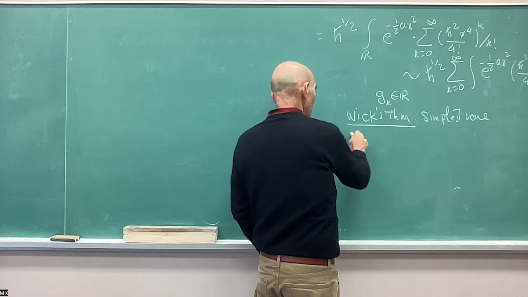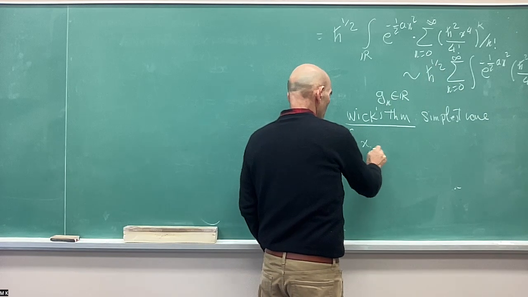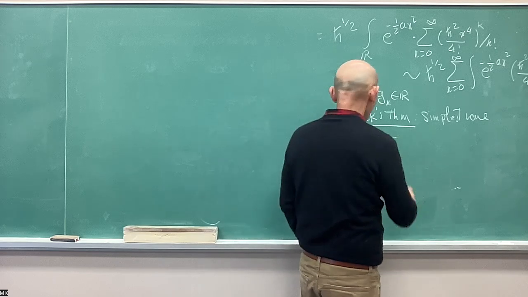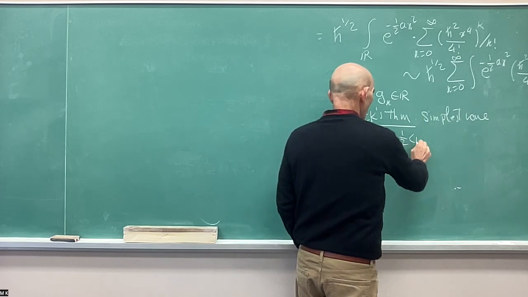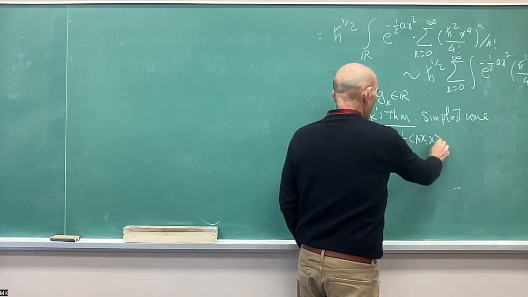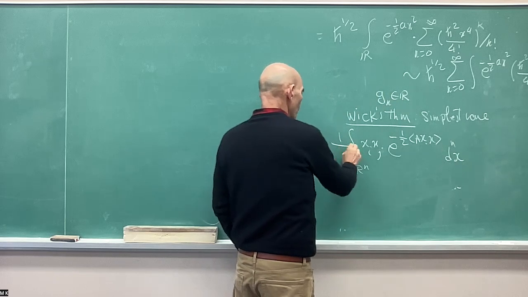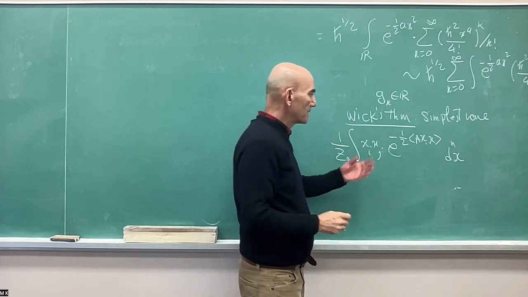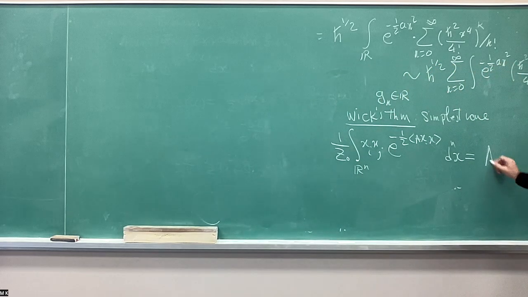It is the following: if you want to compute the integral over R^n of x_i x_j exponential of minus 1/2 (Ax, x) dx, and I put 1 over Z0 in front, this is equal to the (i, j) entry of A inverse.